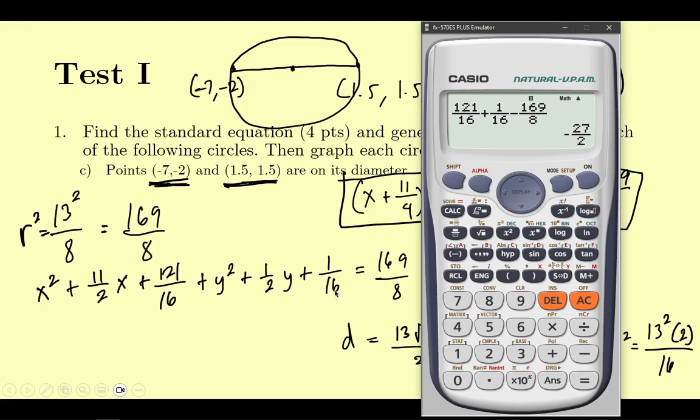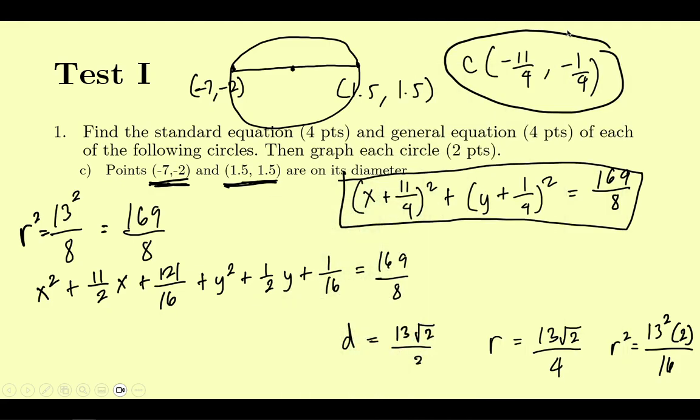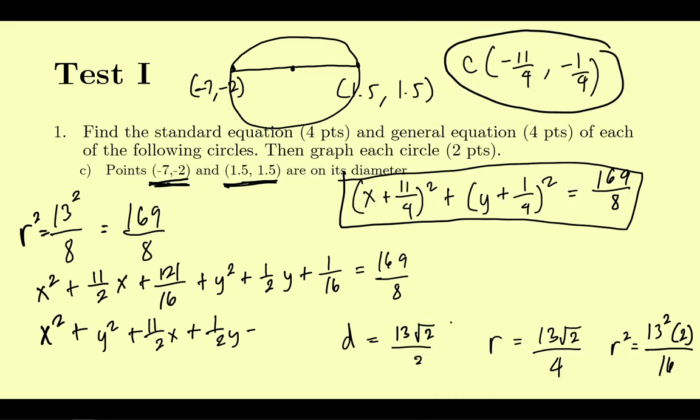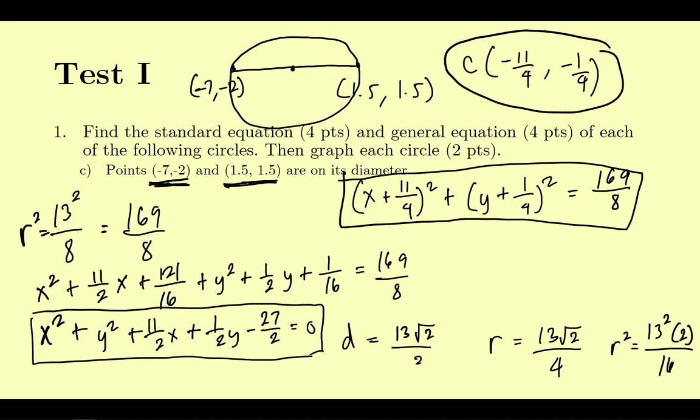So yun ang magiging constant mo dito mamaya. x squared plus y squared plus 11 over 2 x plus 1 half y minus, what's the constant? Negative 27 over 2 is equal to 0. And that is your general form. All you need to do is to graph the circle and you get the additional 2 points. And that's it. You're done with test 1.